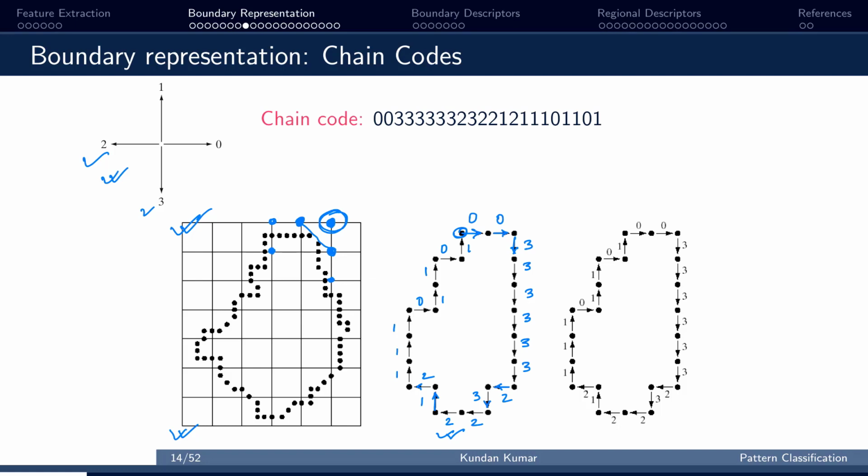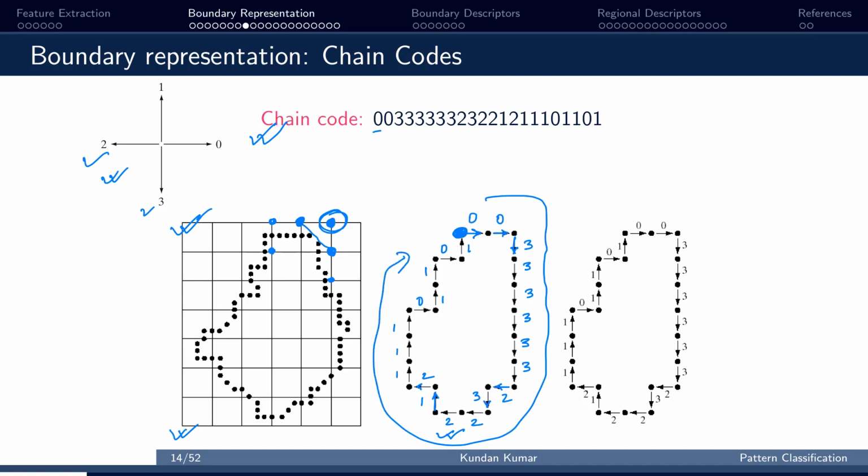So once we have the numbers assigned to each line segment, each boundary segment, then we can write our chain code. We will start from the top left corner and start writing clockwise.